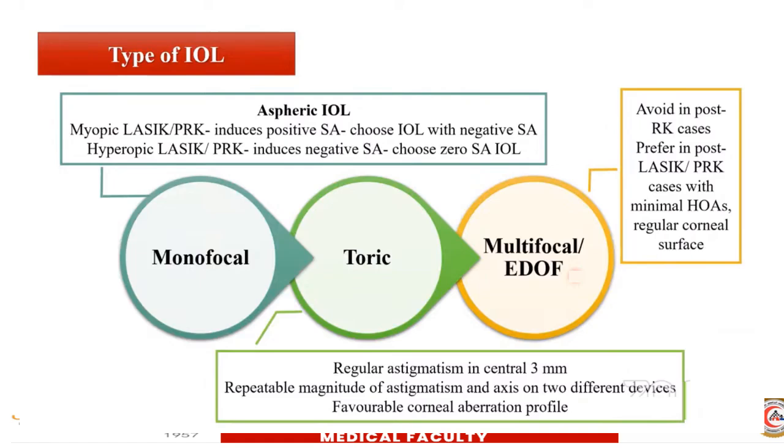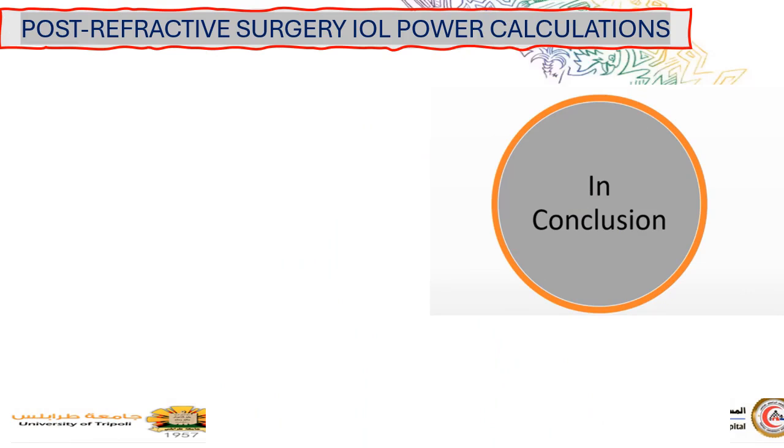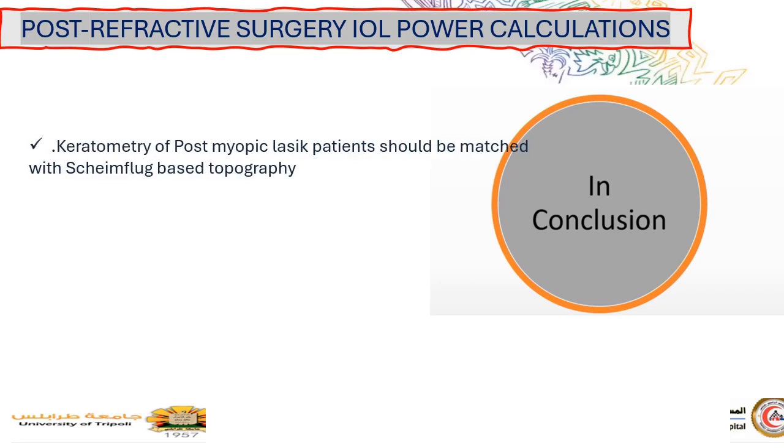What are the considerations that we have to take care of in patients with LASIK or RK for IOL power calculation? To summarize what we have said in post-refractive surgery cases regarding IOL calculation, number one, you should take care of the keratometry reading, because post-myopic LASIK will induce changes in the ratio between the anterior and posterior surface of the cornea.